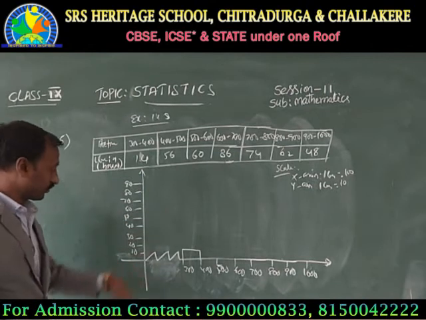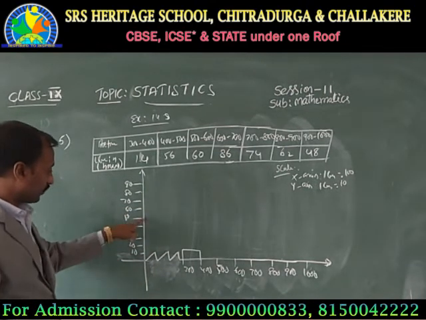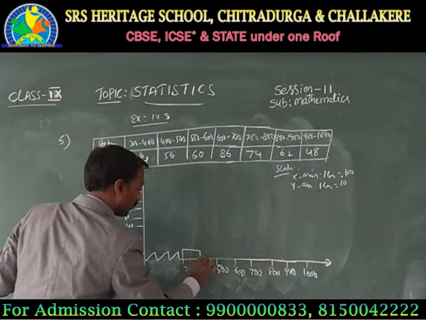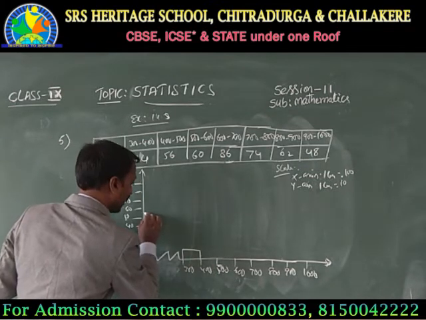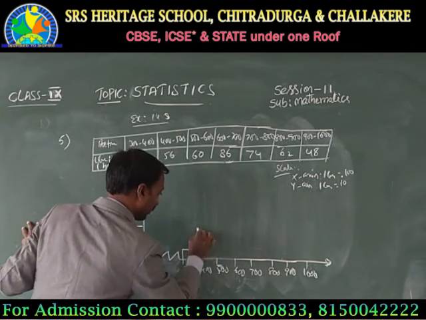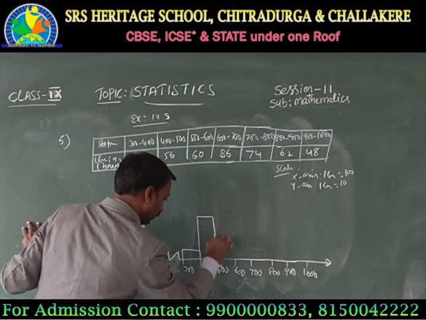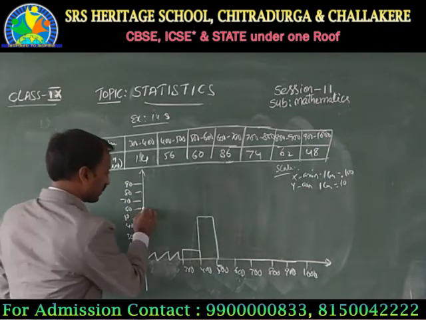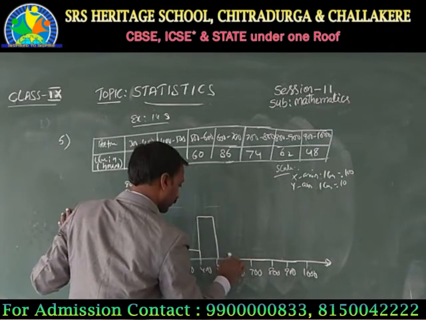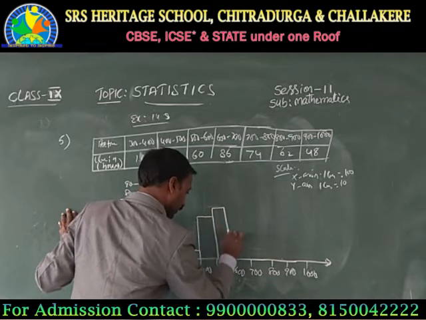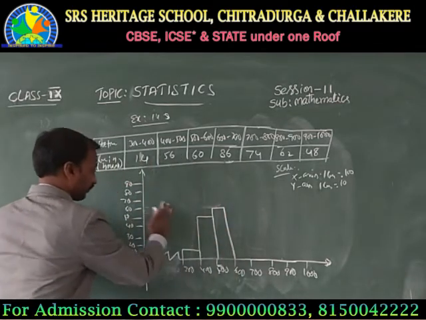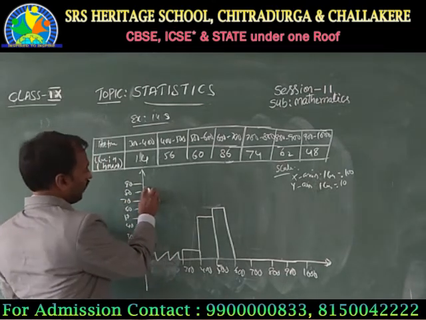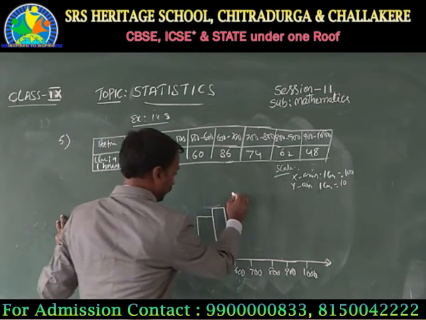Next, 56 is between 50 and 60, a bit more than half. 500 to 600 is exactly 60. Next, 86 is between 80 and 90, approximately this size.